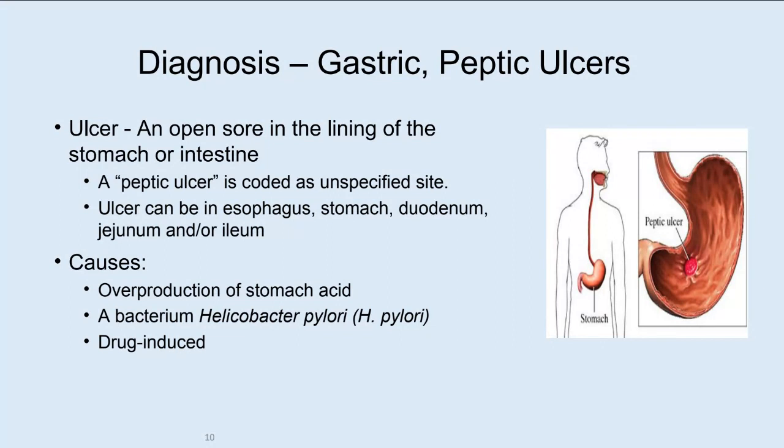A peptic ulcer may be esophagus, stomach, duodenum, jejunum, ileum. So if all the information you have is that this is a peptic ulcer, use a code for unspecified ulcer. In this case, however, we have it specified as peptic, but also gastric. So we can use a more specific code for gastric.